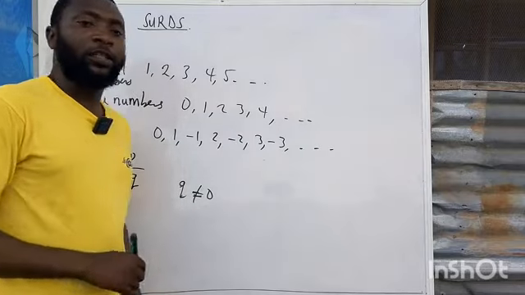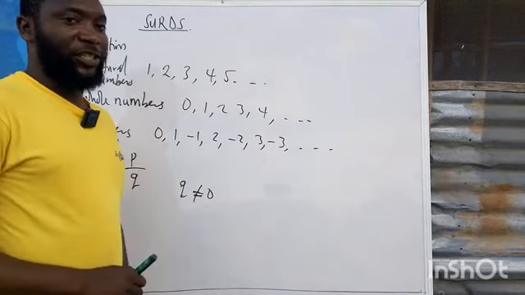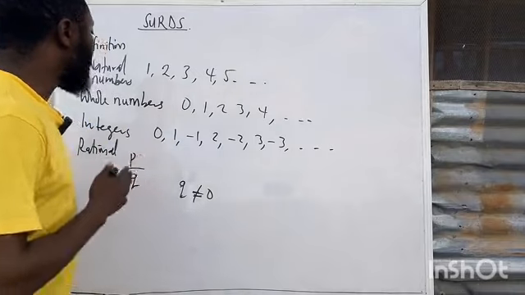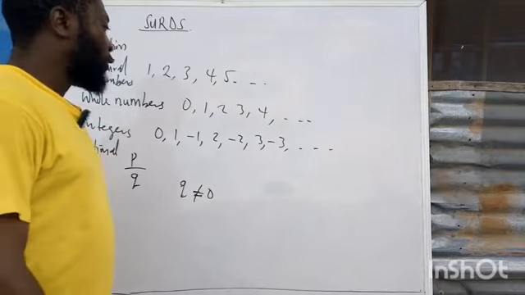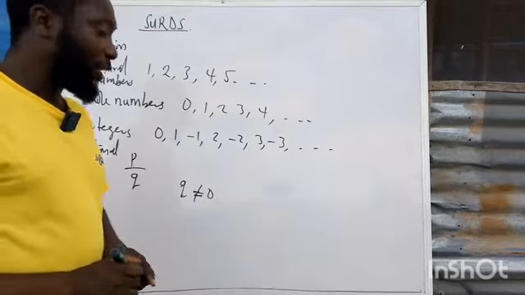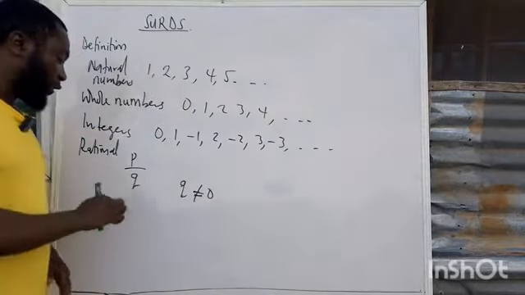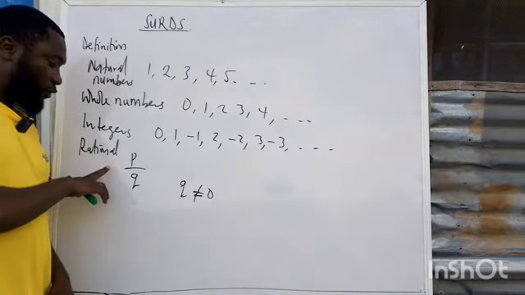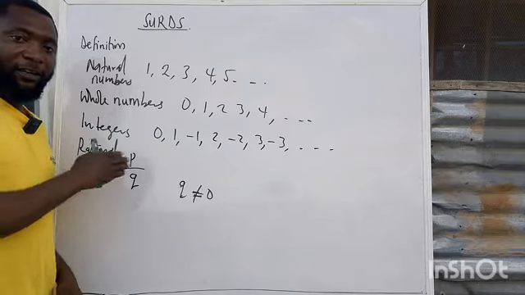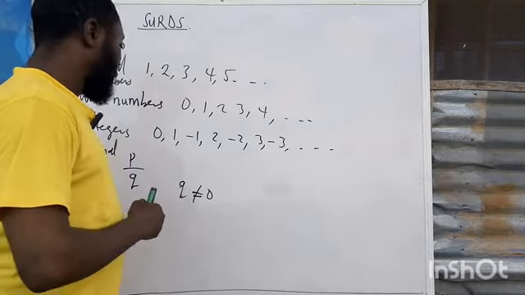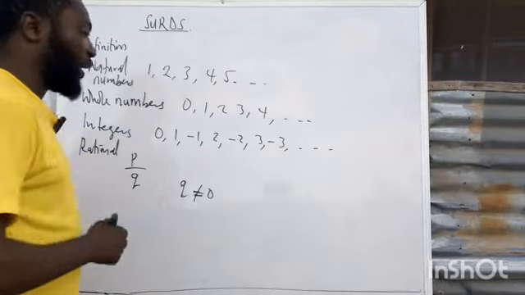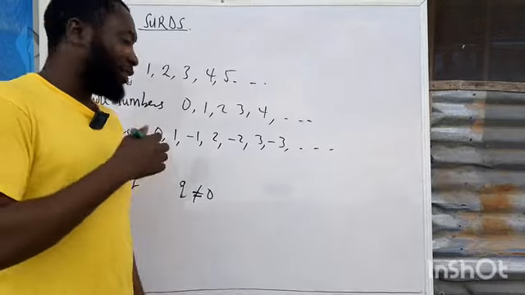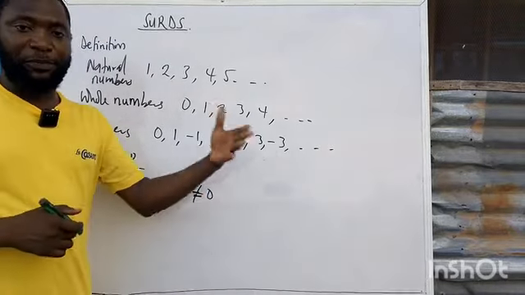Then another one is irrational numbers. Irrational is totally different from all the sets of numbers we mentioned earlier. Let me just go back to rational. A rational number can be expressed as a decimal whose decimal part is repeating.